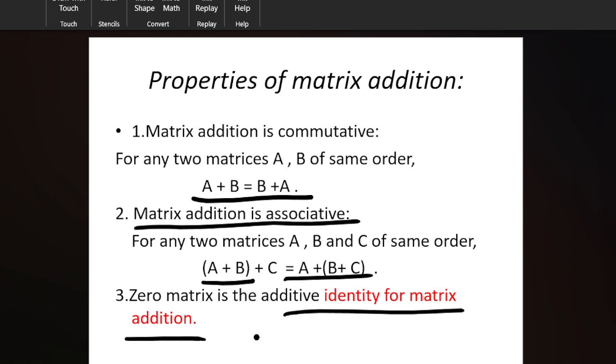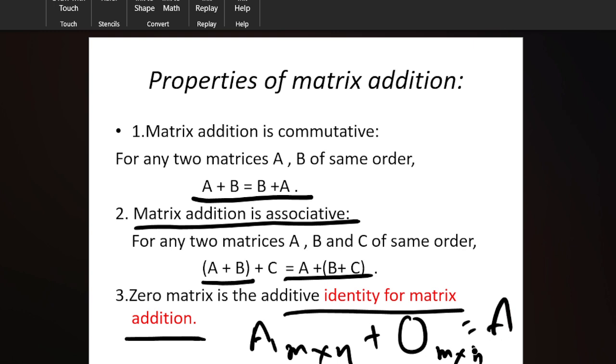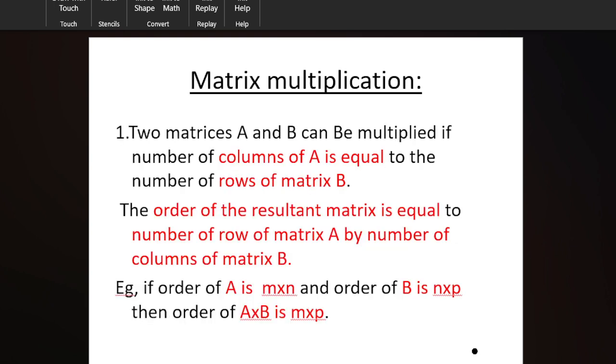That means for any matrix A of order m by n, there must be a zero matrix of order m by n such that A plus zero equals A itself. So the zero matrix is known as the additive identity for matrix addition.